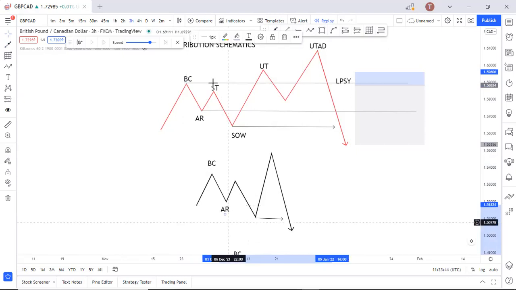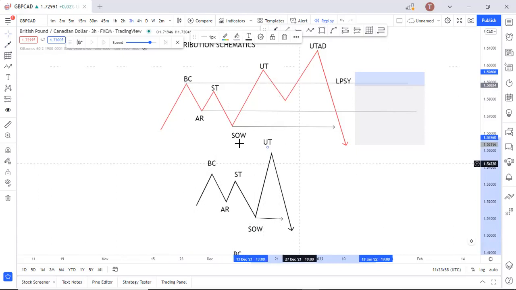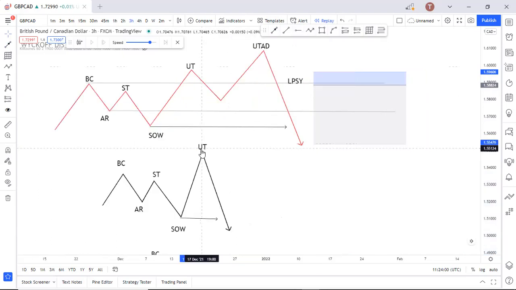We have the AR, we have our ST, we have this SAL, then we have the upthrust. So in this case now, we don't have a UTAD, but we can see that we broke below this SAL already.